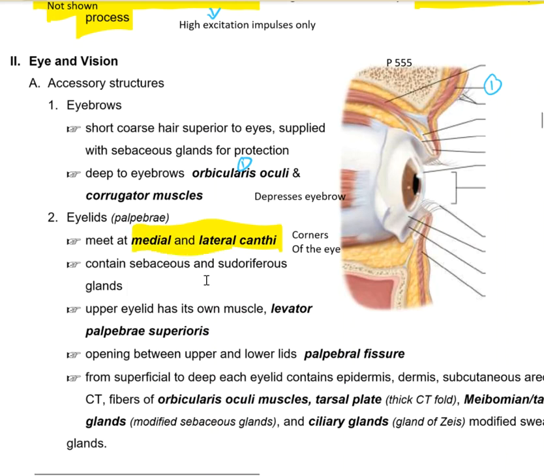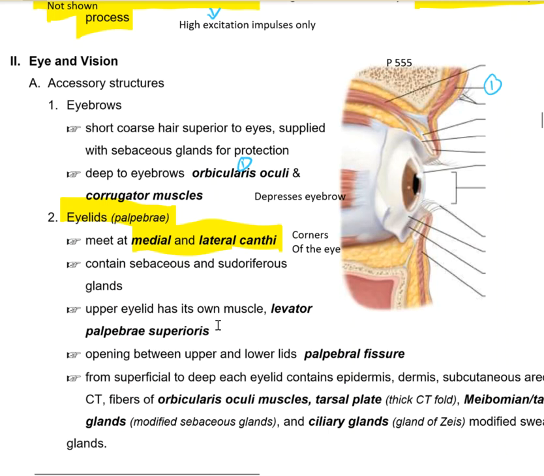And these eyelids, these palpebrae, contain also some sebaceous and pseudoodoriferous glands, and so they're producing various substances to not only help with water not going into that area, but also antibacterial things like that.